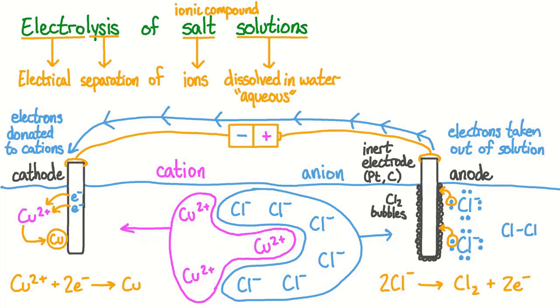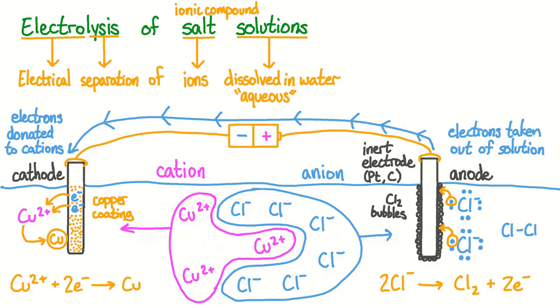The half reaction for this process is a Cu2+ ion plus 2 electrons forms copper. In reactions like this, where a metal ion accepts electrons to form solid metal, we can see the metal form on the surface of the electrode. In this example, a thin brown coating will appear on the dipped portion of the electrode, but the color of the coating will change depending on the identity of the metal.